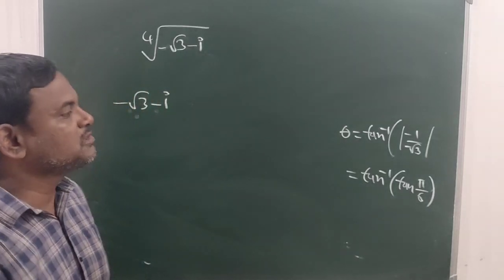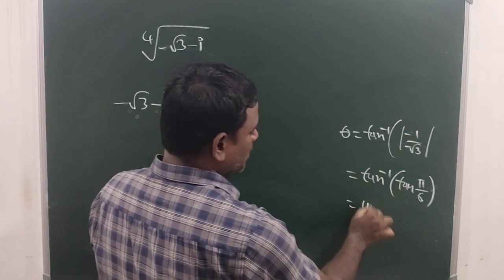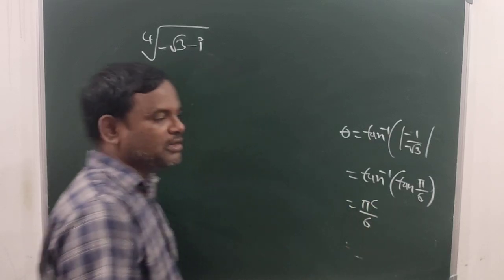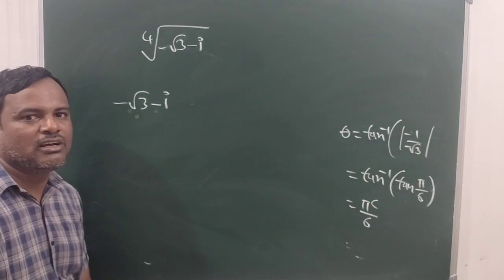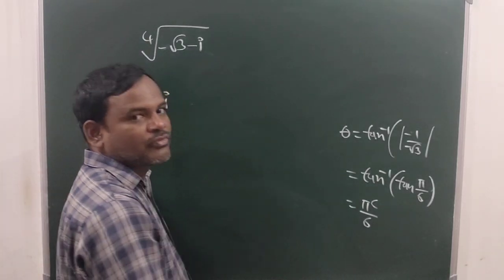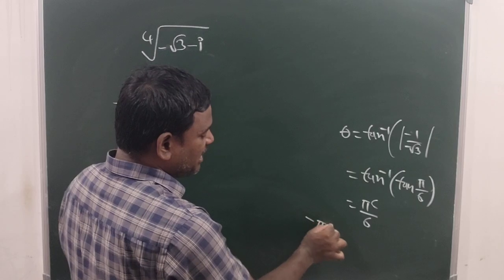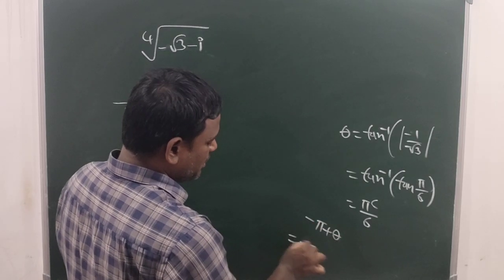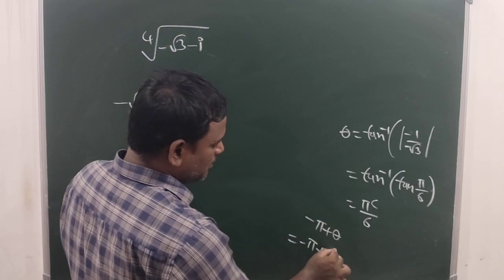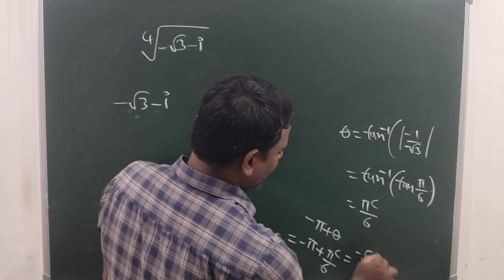Okay students, because tan 30 is 1 by root 3. So you got theta value, but this complex number belongs to the third quadrant. In the third quadrant, the principal amplitude is minus pi plus theta. So here minus pi plus pi radians by 6, which becomes minus 5 pi radians by 6.